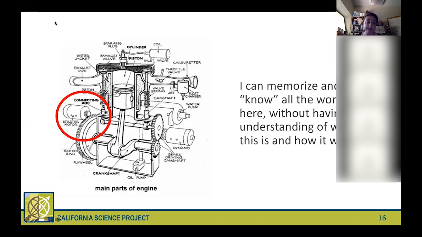So they might even know the name of those two parts, but they don't know why the structure of those parts enables the function that they have.